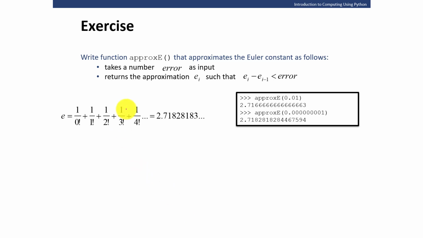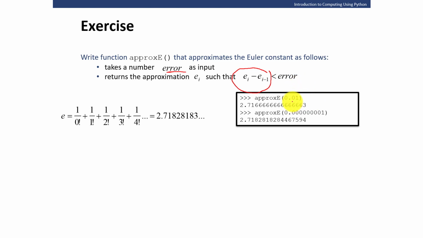So we would like to write a function called approximate the Euler constant. This function will take an error as the input and return the approximation of the Euler constant, such that e of i minus e of i minus 1 is less than the error. What does that mean?